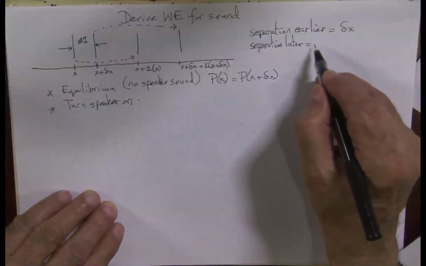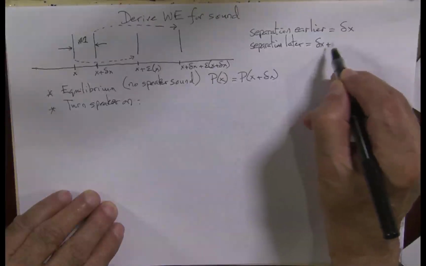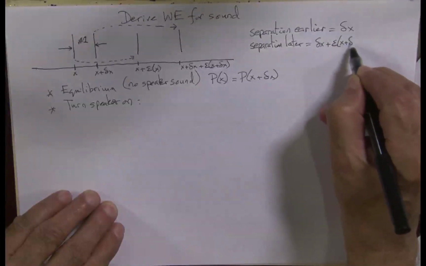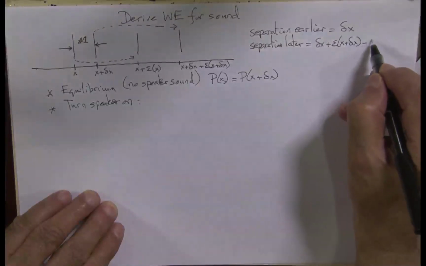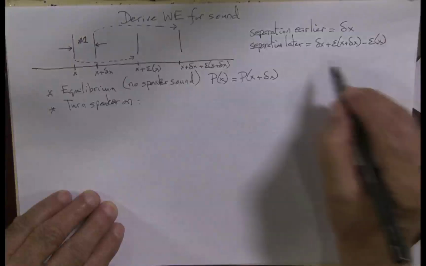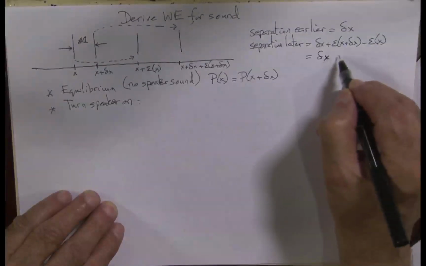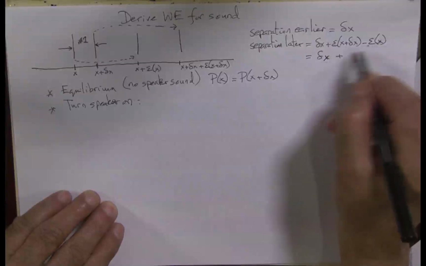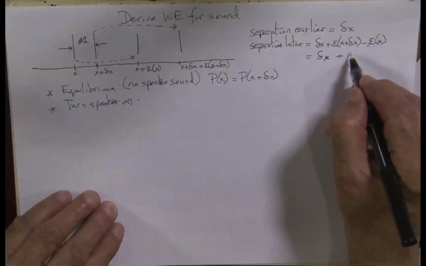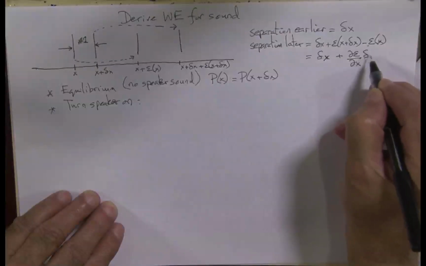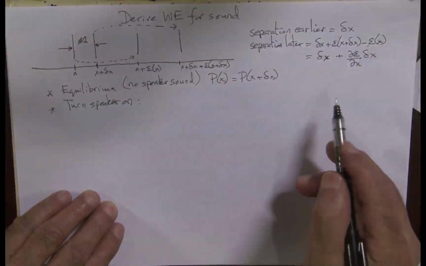So that's delta x plus epsilon of x plus delta x minus epsilon of x, and that is delta x. Now you see, this difference over here is just d epsilon by dx times delta x.